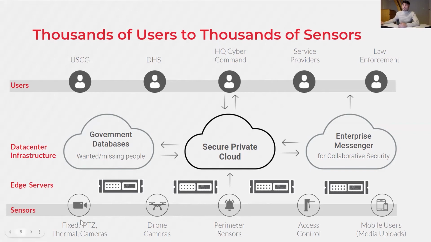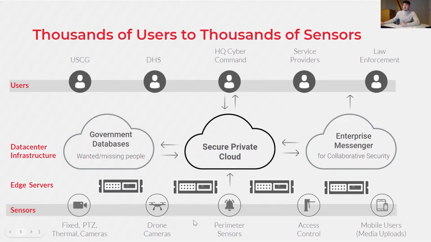So you're taking a stream from the cameras to the private cloud, and you are comparing that with the databases of individuals, of vehicles, or event triggers such as crowd density or fire intrusion, etc. So you're comparing all that against the pre-filtered government databases, deciding who needs to receive what, and then it sends it to the specific users.